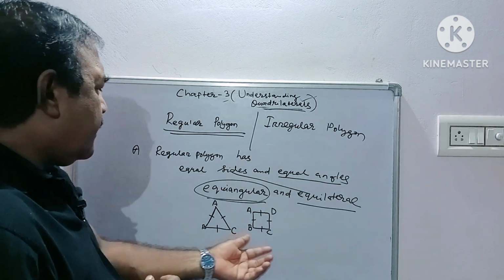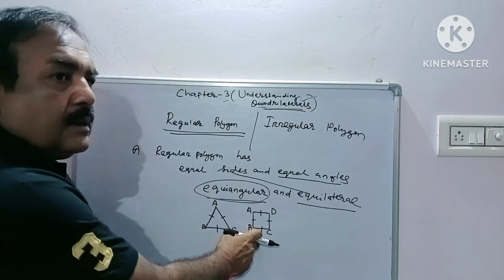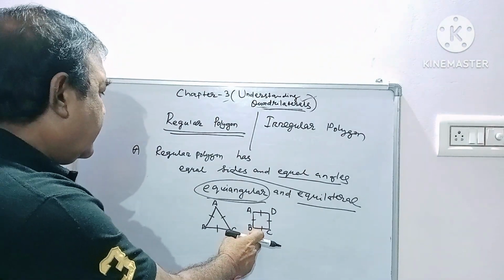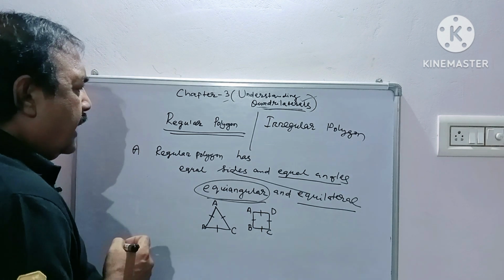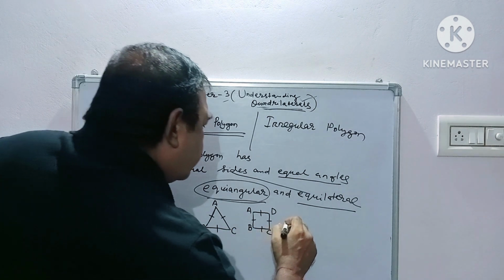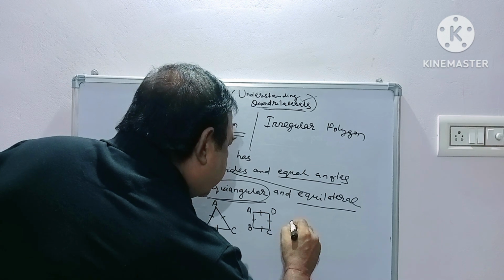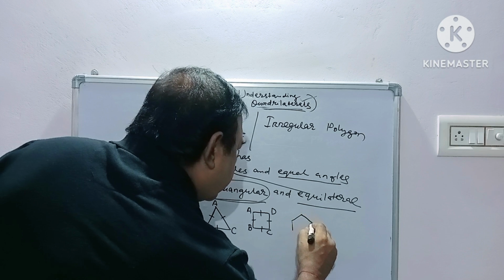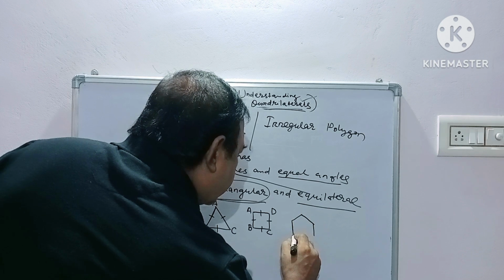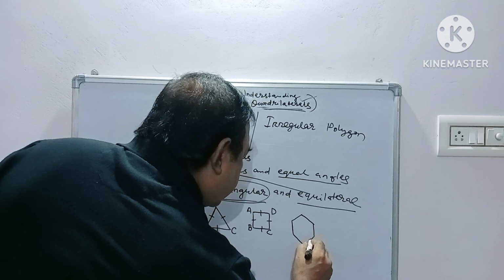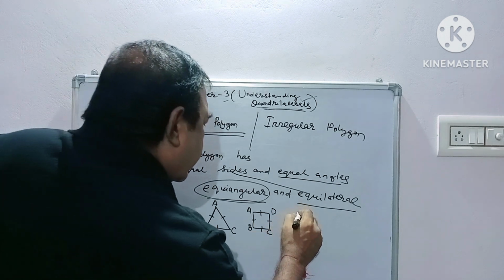So this is also a regular polygon and it is called a square. And like that, suppose we draw a hexagon here. All the sides are of equal length.